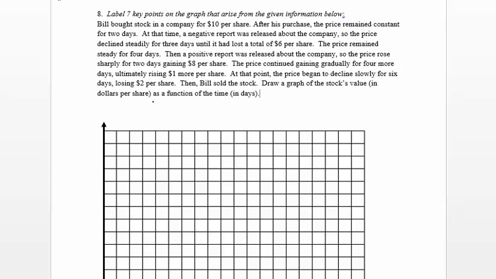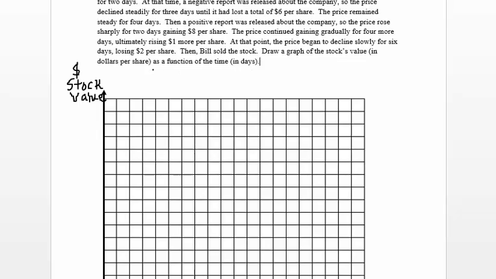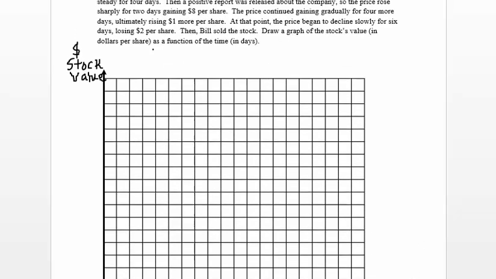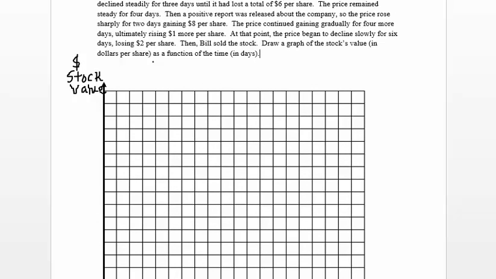On the vertical axis, we have the value of the stock in dollars. And on the horizontal axis, we have the days since the purchase. So we look at the day of purchase as day 0.